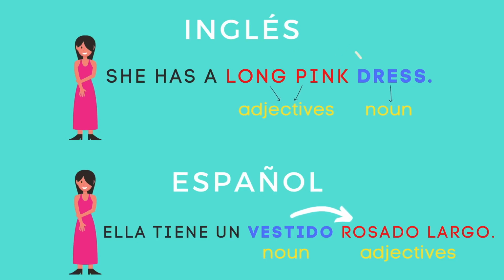But in Spanish, it's the opposite. Ella tiene un vestido rosado largo. Can you see the difference? In English, we place the adjectives before the noun. But in Spanish, we do it the opposite way. First, we place the noun, and after the noun, we say the adjectives.